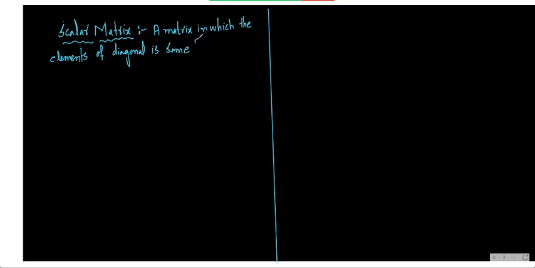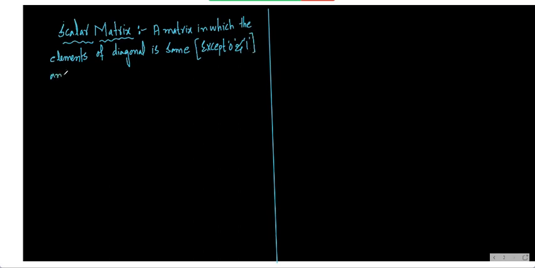We have to mention one thing: except 0 and 1. It is a restriction. It should not be 1 and it should not be 0.